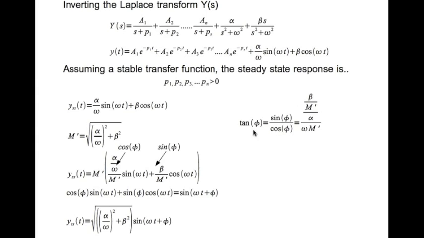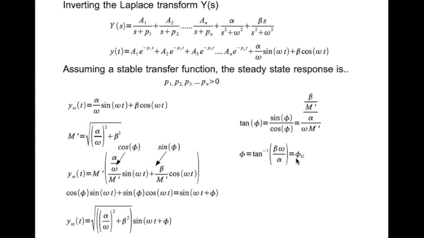Now we can write tan phi, which is sin phi divided by cos phi, from here as this term divided by this term, and that ends up giving me phi is tan inverse of beta omega divided by alpha.